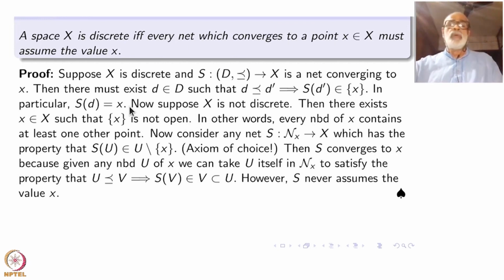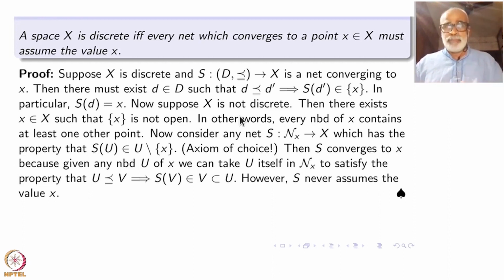Over. Now the converse. Suppose X is not discrete, then we will produce a net which converges, and yet it does not assume that value at all. By the way, there are many convergent sequences which do not assume the value which is the limit point, 1/n for example.